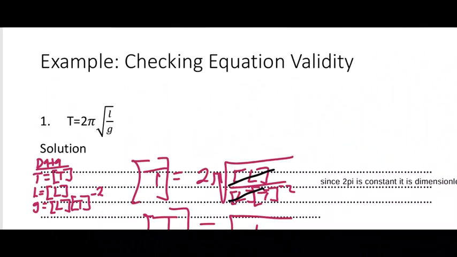So you have T, because period is actually the time taken to complete one oscillation. So it's time itself. I'm going to denote it in seconds, so they are just one and the same thing. It's just that a period is the time taken to complete a certain oscillation.